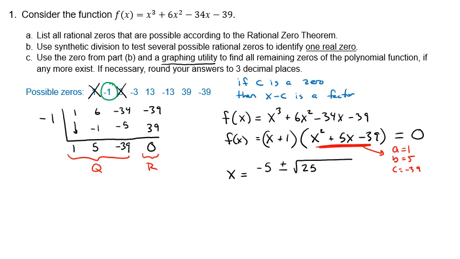I'm just taking those three numbers and plugging them in to the quadratic formula. So b squared is 25 minus 4 times A times C, all divided by 2 times A, so that's 2 times 1.